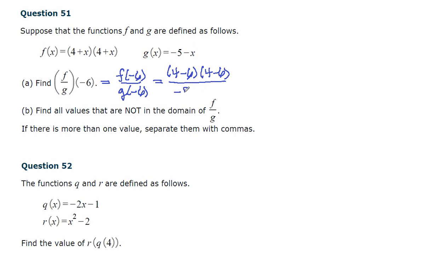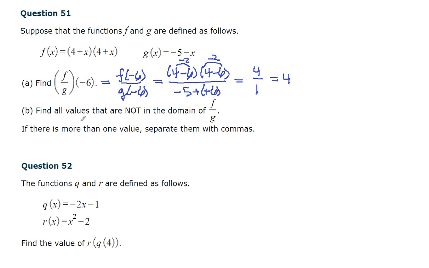Double negative there. It's negative 5 minus, and our x is negative 6. So let's see here. 4 minus 6, that's negative 2. And then 4 minus 6 again is negative 2. Negative 2 times negative 2 is positive 4. Negative 5, double negative here, makes it positive. Negative 5 plus 6 is 1. That's just 4.